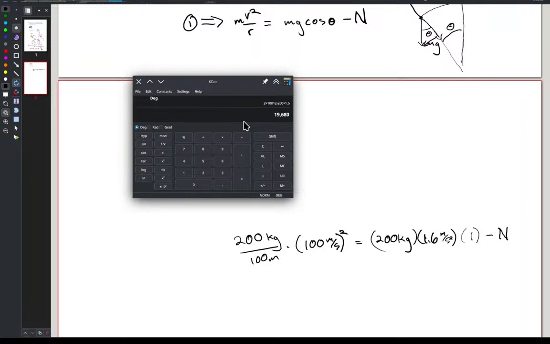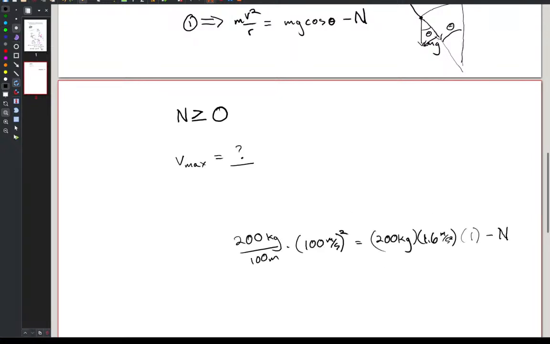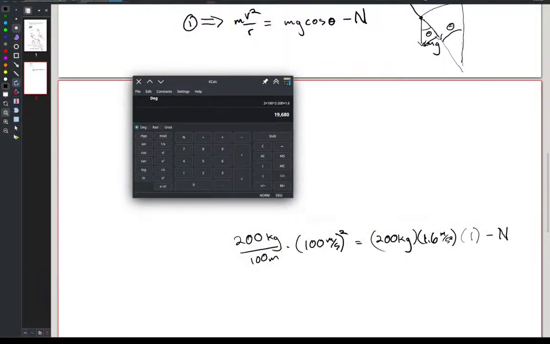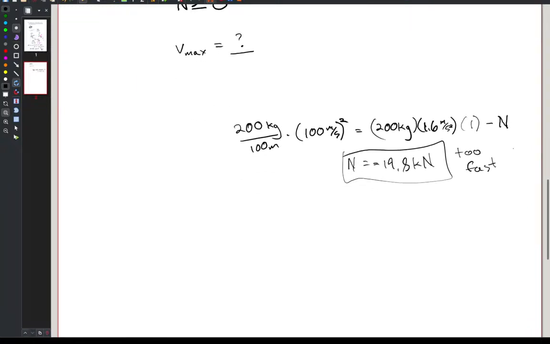But you're moving pretty fast. 200 miles an hour is fast even for Earth to go over a hill. So that's too fast.